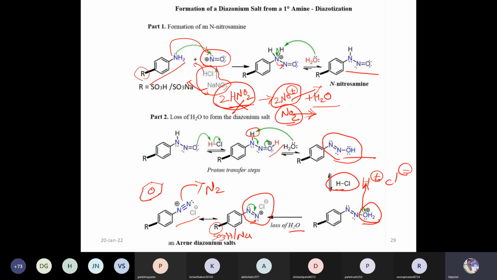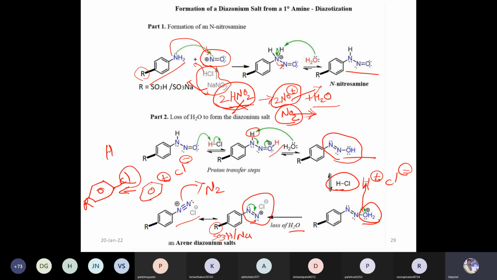Positive. When the ring has positive charge, the positive charge will bind with Cl minus and we will get an unwanted product, called the chloro substituted product. This is an unwanted product during the reaction. Second, in the reaction we also have water.